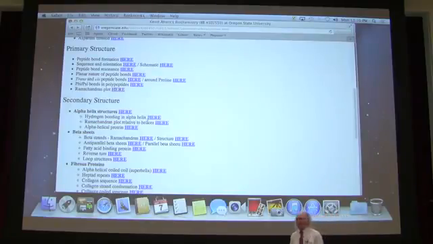Okay. Well, I've just finished talking about what I've been discussing so far, which is primary structure. I'll remind you that primary structure was the sequence of amino acids within a protein, and I said that the sequence of amino acids in a protein ultimately determines everything about the protein. Well, we're going to turn our attention now from primary structure to secondary structure.